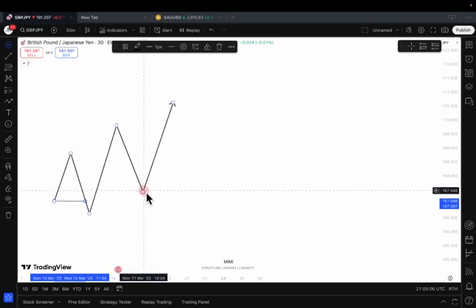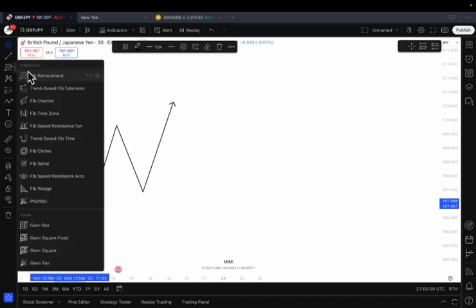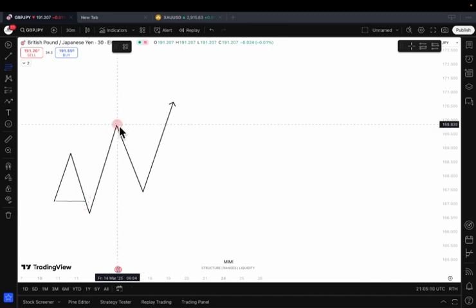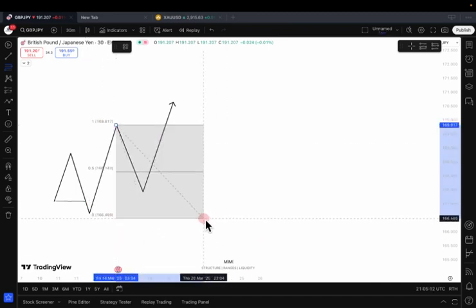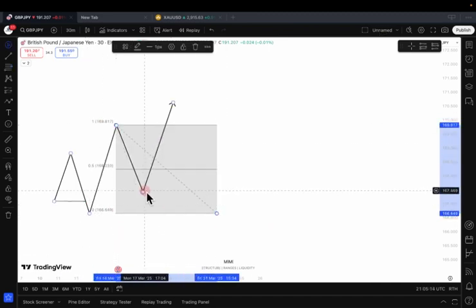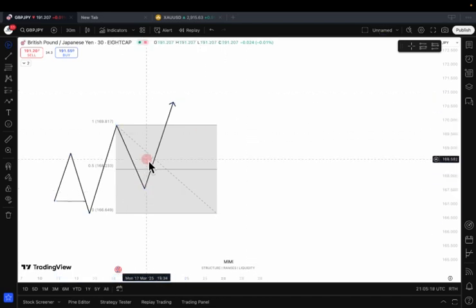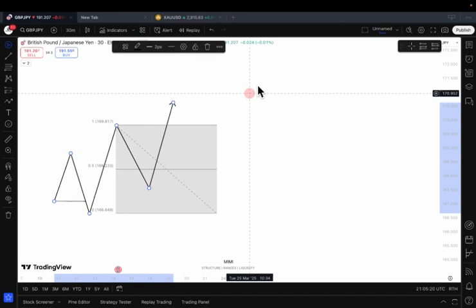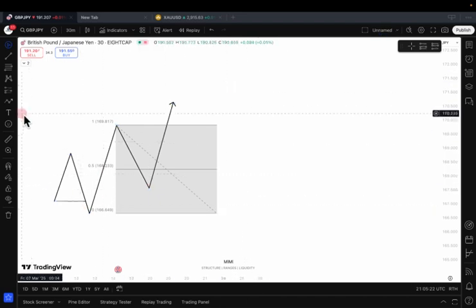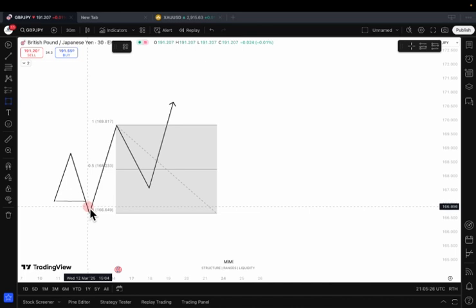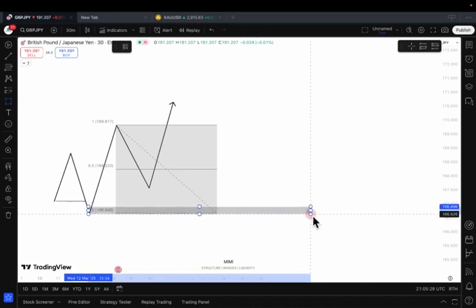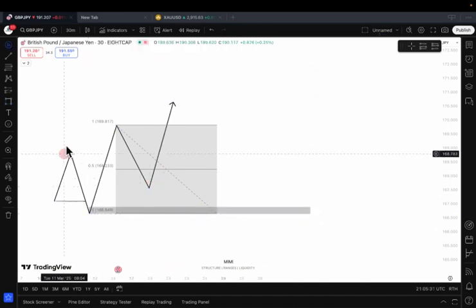And the worst part is, for that entry model to buy directly from this place, that inducement has to be within the 50% level. And not just that, for it to work with an efficient win rate, it also needs to have an FVG to engineer price.